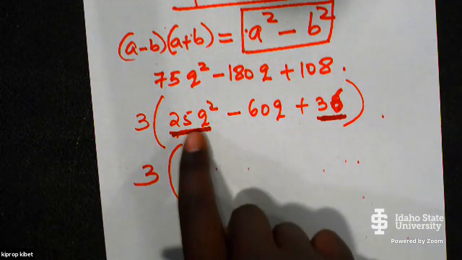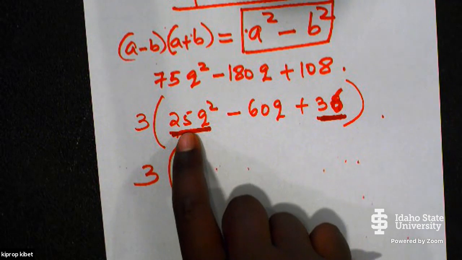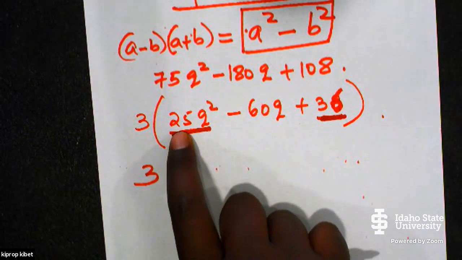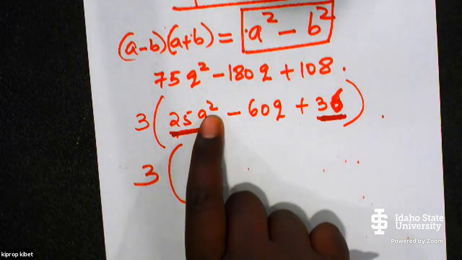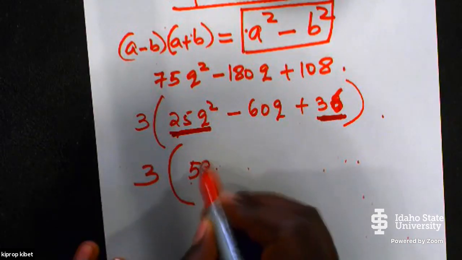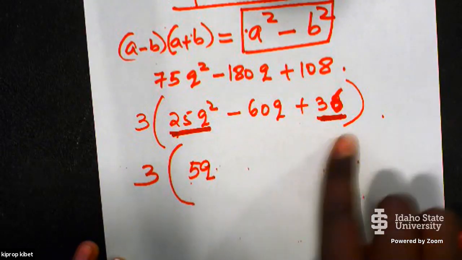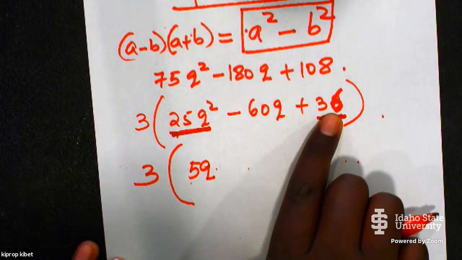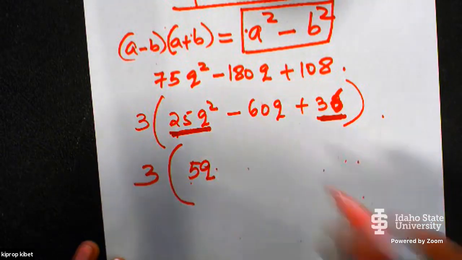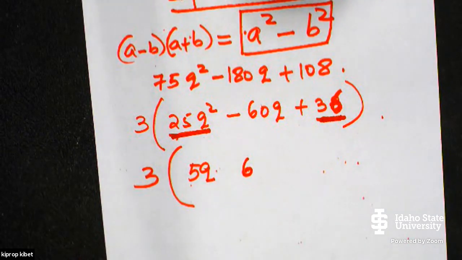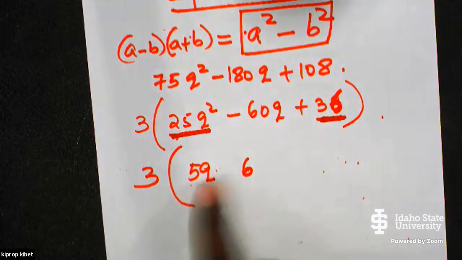When you get the square root of 25q squared, what do you get? 5q. And when you get the square root of 36, what do you get? 6. So you have the two of them there.